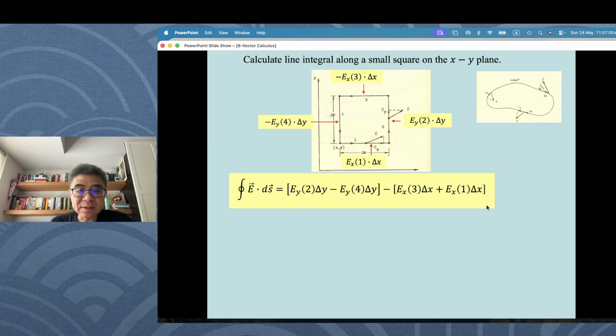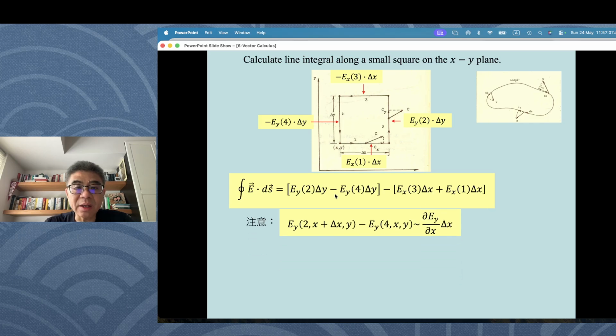Okay, and take out the delta y, so the first term is proportional to E_y on the second path minus E_y on the fourth path. Remember, E_y2 on the second path is here.